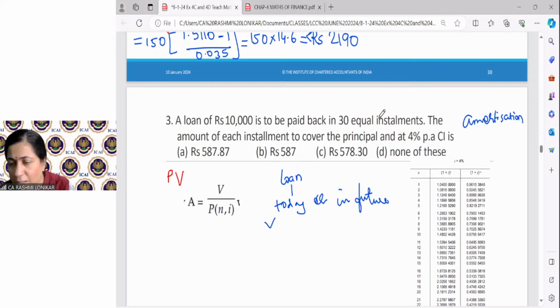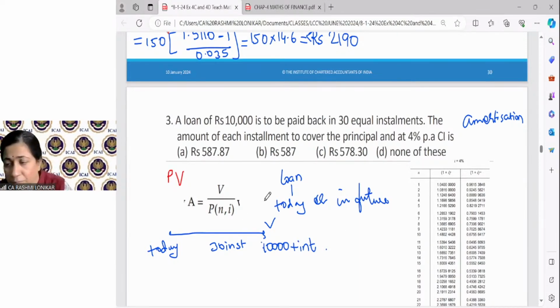So I'm taking the loan now, today, and I have to pay back in 30 installments. How much will I have to pay back? 10,000 plus the interest on it.